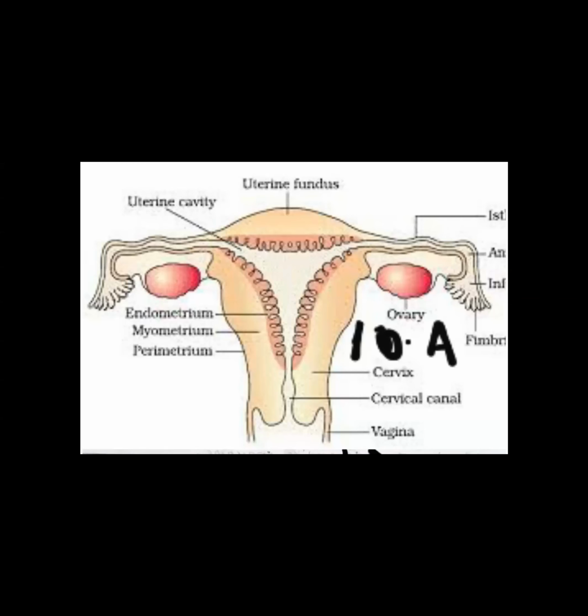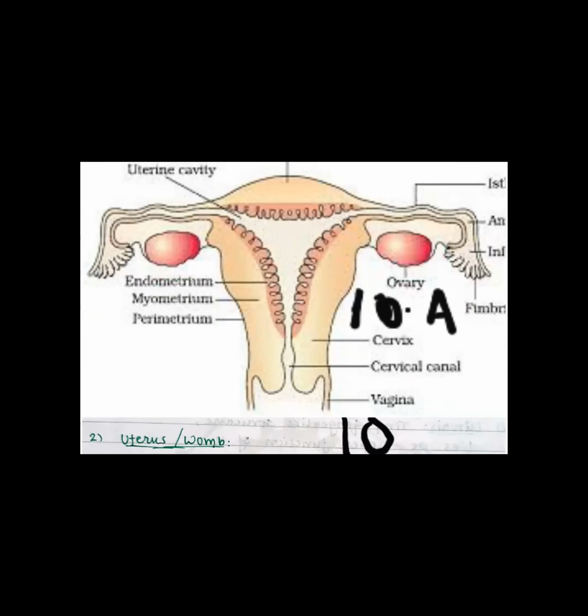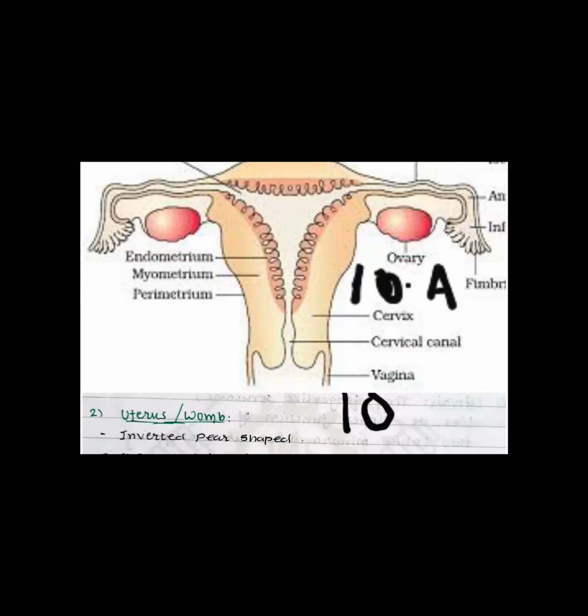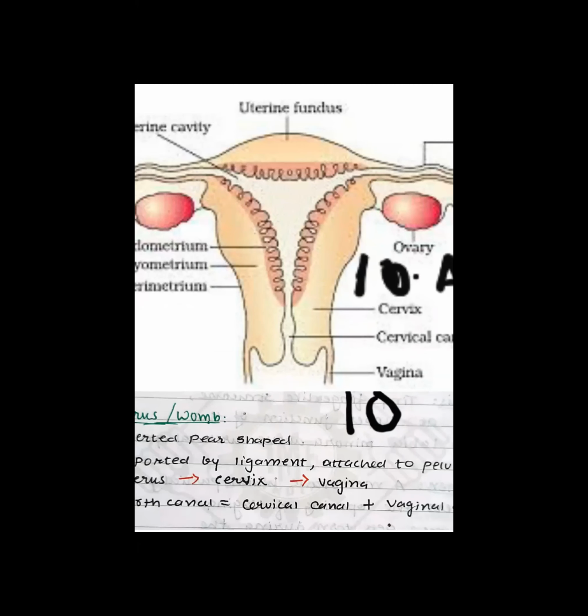This is the uterus. This is an inverted pear-shaped structure. It is also attached to the pelvic wall, again with the help of ligaments.